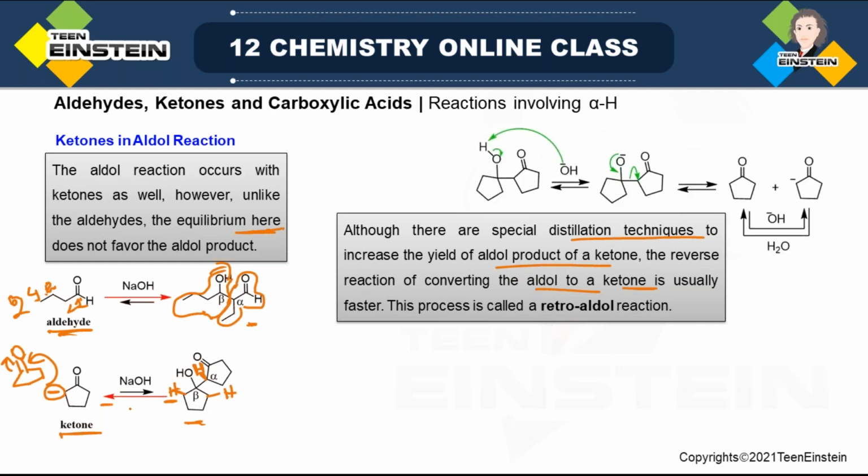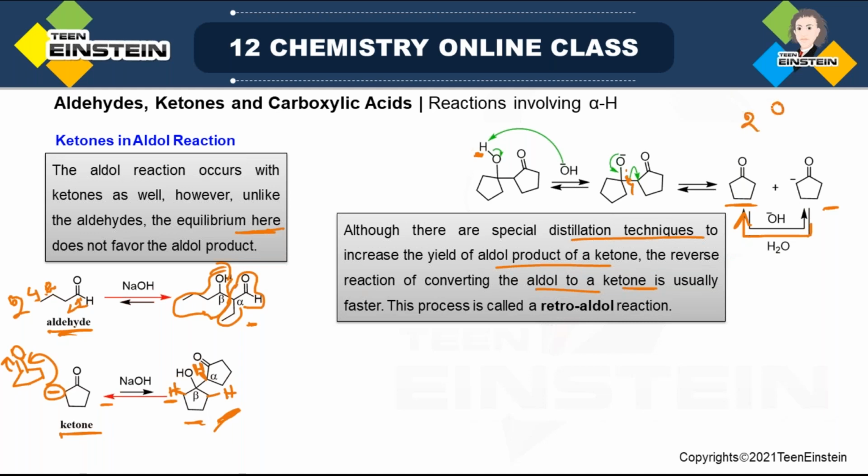So see, the same product in the second example we have taken, and this is an example of retroaldol. As if this H is removed, there is negative charge generation, and this is forming a double bond. This C-C bond is broken. Ultimately you are getting a free cyclopentanone, and another cyclopentanone which is carrying some negative charge. But this molecule, as you can follow this arrow, in presence of water will be converted to cyclopentanone.